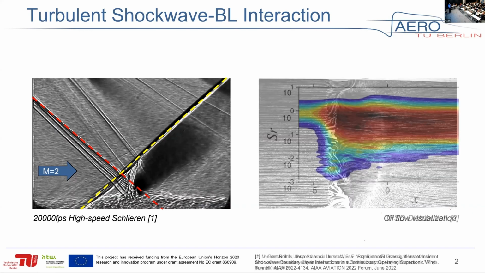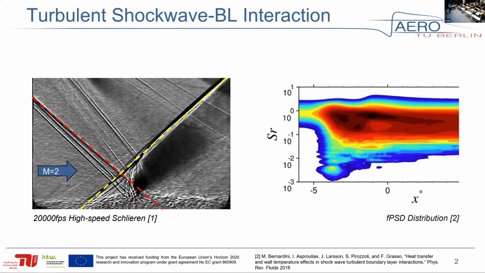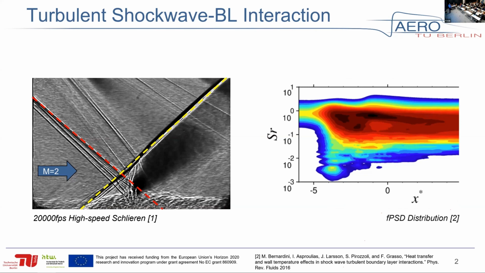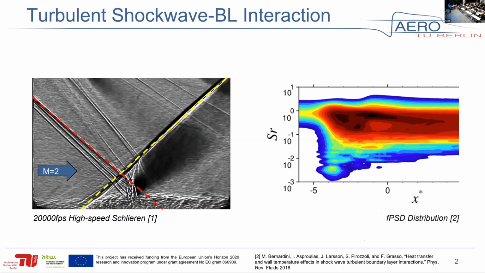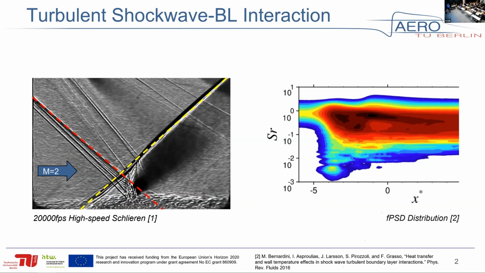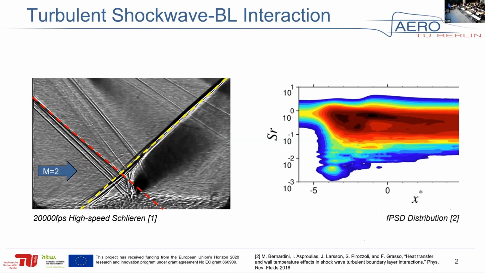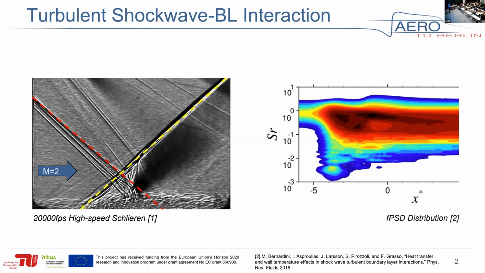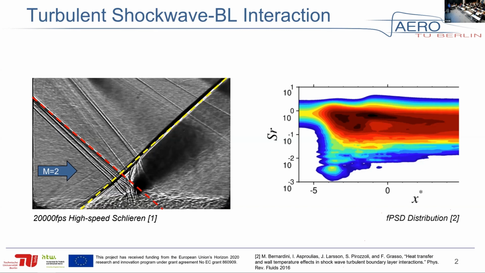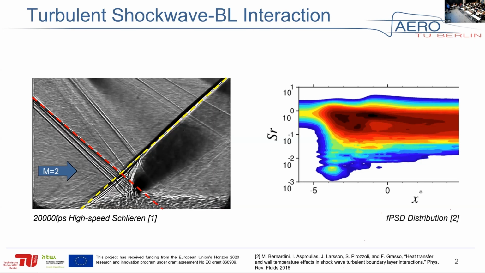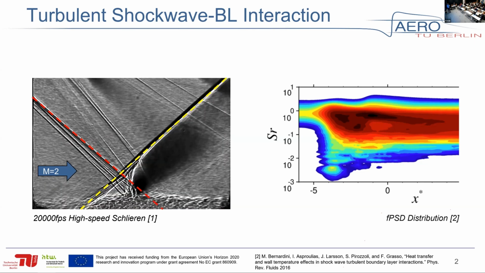And this is usually one of the classical plots that we see: a wall pressure fluctuation map of the pre-multiplied power spectral densities. This is from a DNS simulation by Bernardini et al. from La Sapienza. And as you can see, the wall pressure fluctuations are characterized by a really wide frequency range.